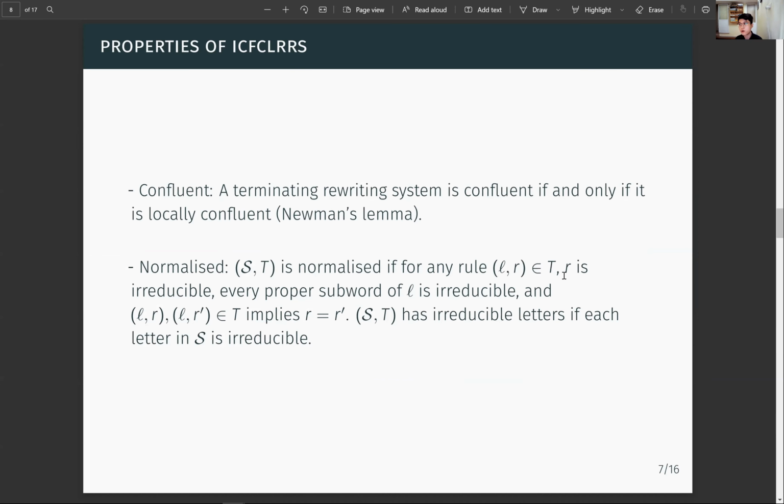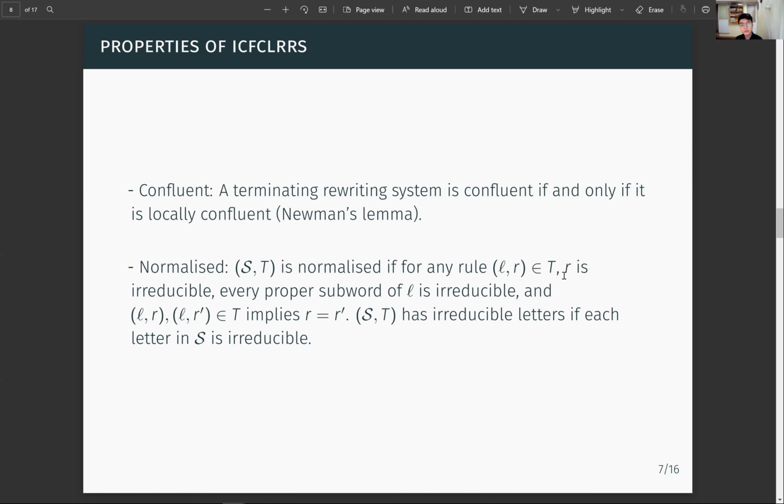This is true for these writing systems because in all our writing rules the length of the left-hand side is exactly 1 letter longer than the length of the right-hand side. This means no right-hand side can be reduced, and every proper subword of L is also irreducible, since every proper subword would be shorter than the length of any left-hand side.